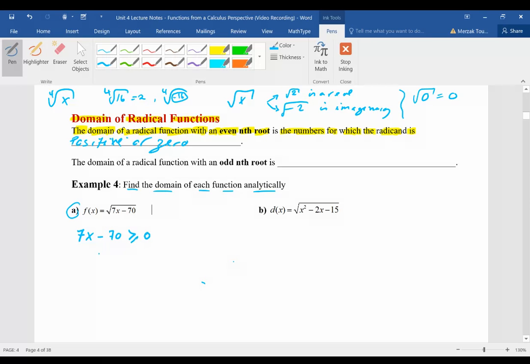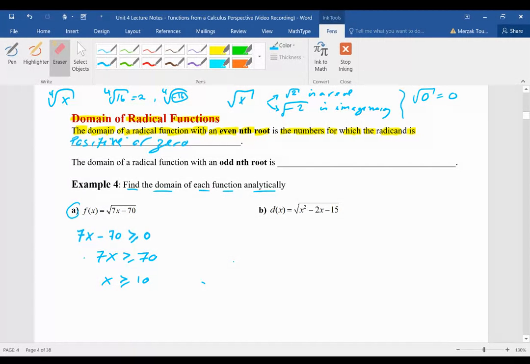We add 70 to both sides, and then divide 70 by 7, which is 10. So 7x minus 70 is positive or 0 if x is greater than or equal to 10.